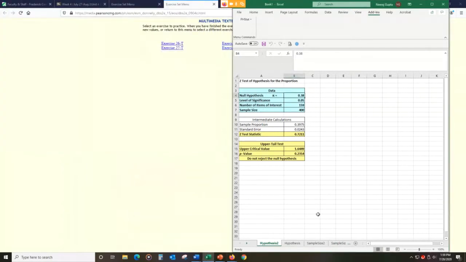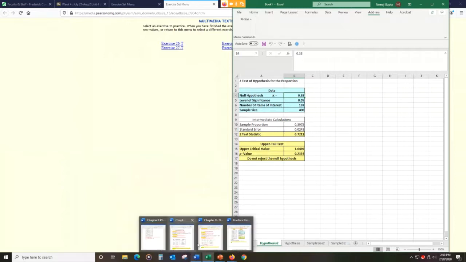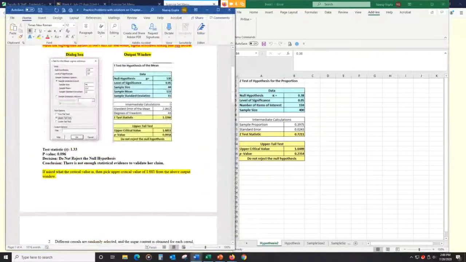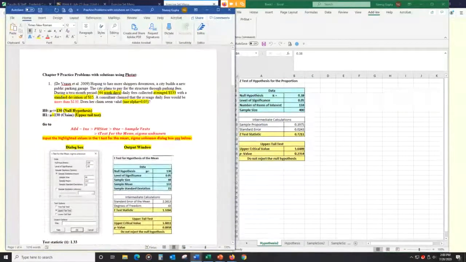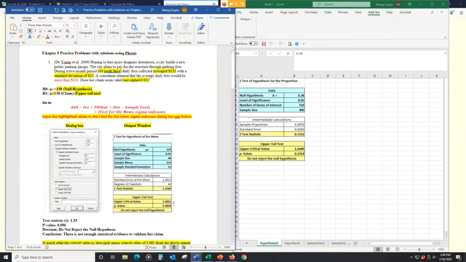So this completes our chapters 8 and 9, and let me show you here. These are the practice problems on chapter 9, detailed ones. So you should read that one as well. And it tells you what your null hypothesis is, what your upper tail is, which one is your claim, so that you reach the right conclusion.